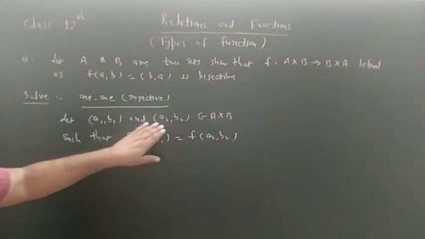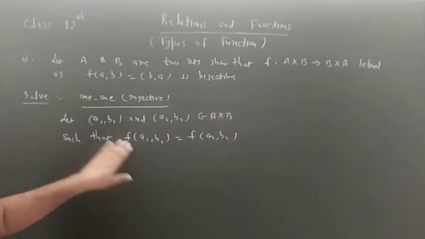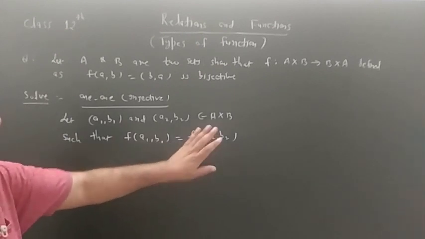We take two ordered pairs from A cross B, with the condition that the image of (a1, b1) is equal to the image of (a2, b2).